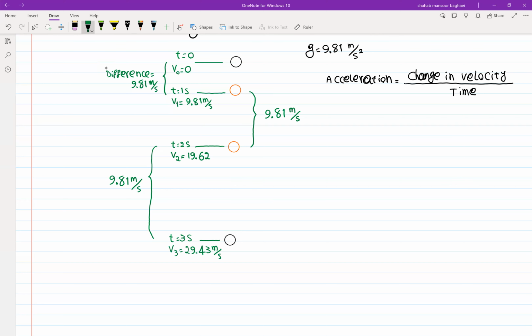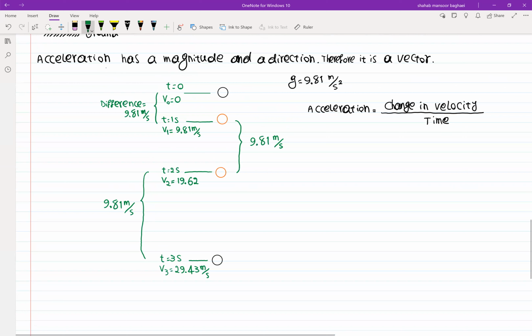According to this figure, you will observe that you have increasing velocity. At first, V0 is 0. There is no initial velocity. But after 1 second, you have V1. That's 9.81 meter per second.